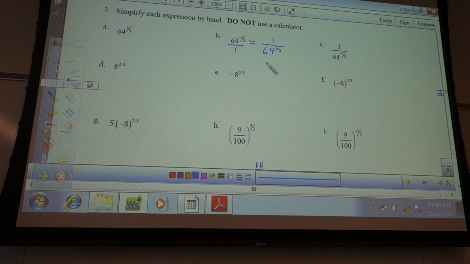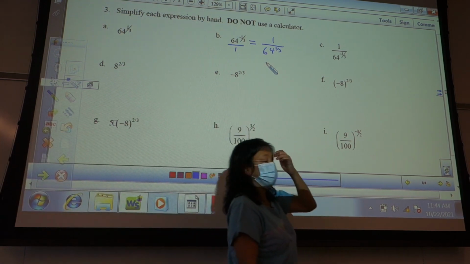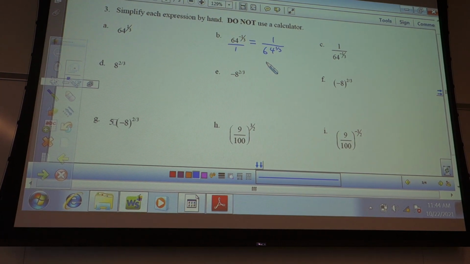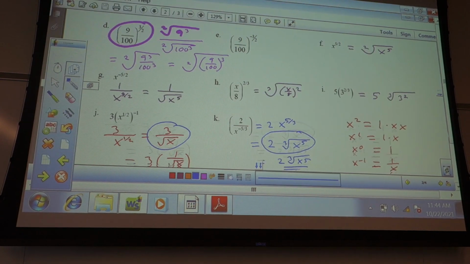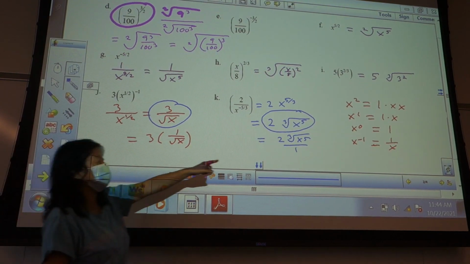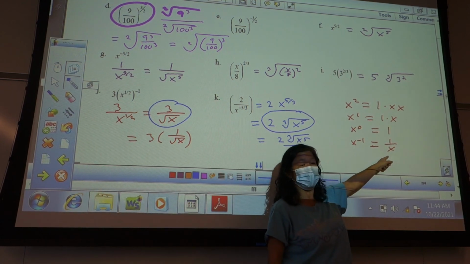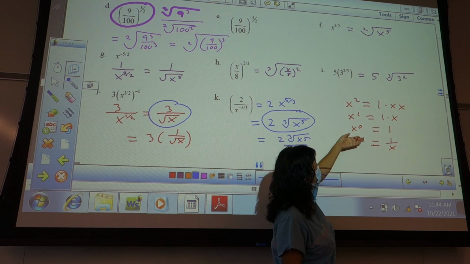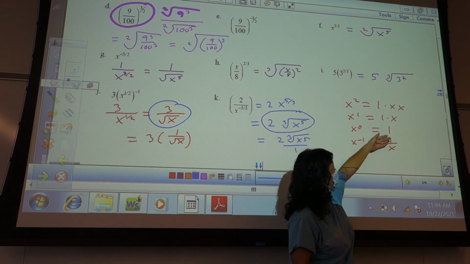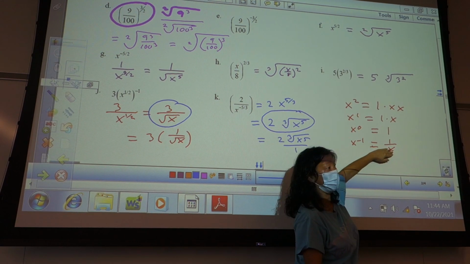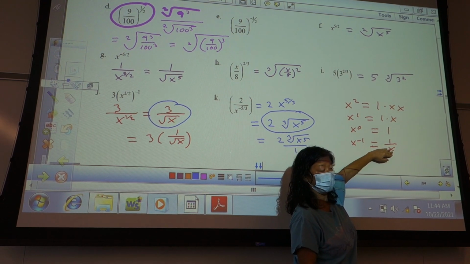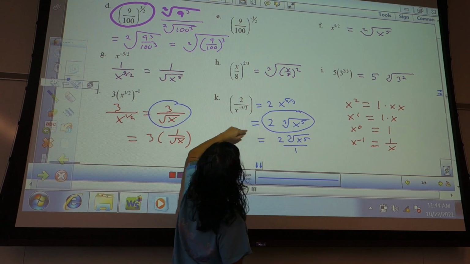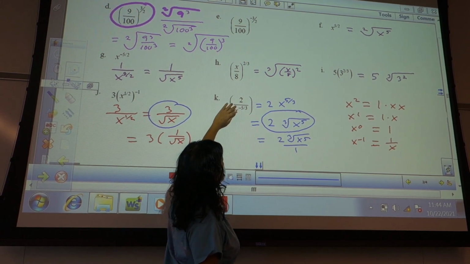Okay. So anytime you have a negative exponent, remember the last slide I just did, negative exponent means you divide by it instead. So if it's a negative exponent, you can just move it to the opposite side. You divide by this instead, it goes to the bottom. Likewise, if it's on the bottom with a negative exponent, you move it to the top.